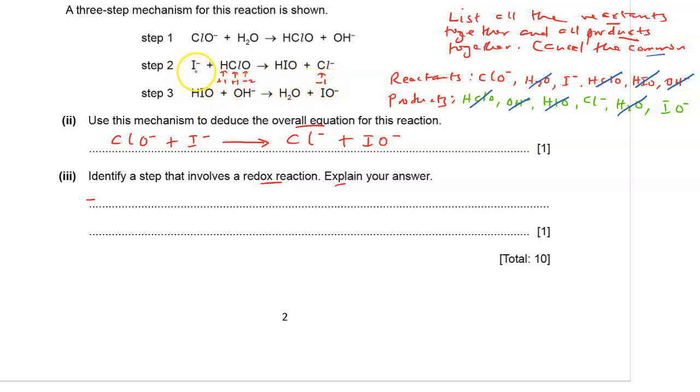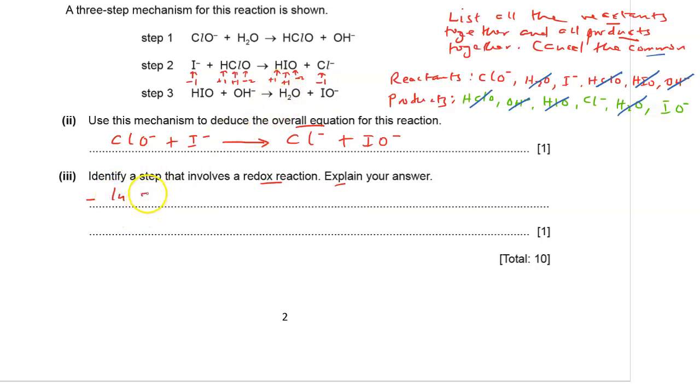Look at iodine. Iodide here is -1, and at this point this is -2, this is +1, therefore iodine here is +1. So iodine has changed from -1 to +1. So chlorine is reduced and iodide is oxidized.